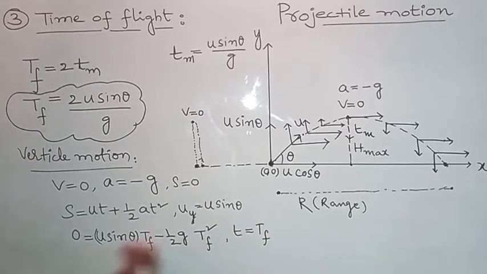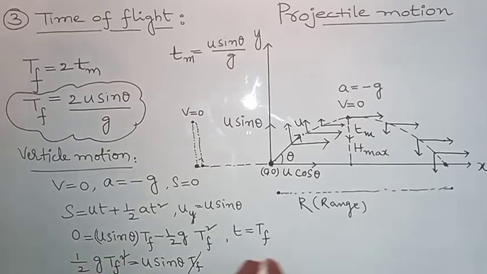Now simplify this. Move this term to this side: half g TF square equals u sin theta into TF. TF square gets cancelled.